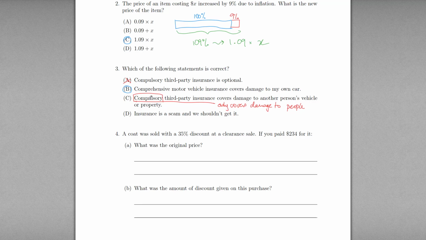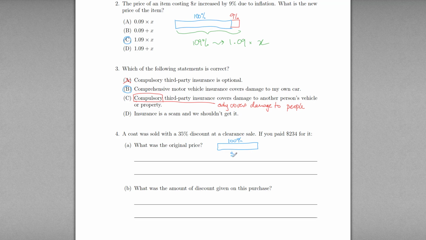So that's that one. A coat was sold with a 35% discount at a clearance sale. If you paid $234 for it, what was the original price? Alright, we're going to do that rectangle thing again. Always do that. So some original price, this 100% original price.